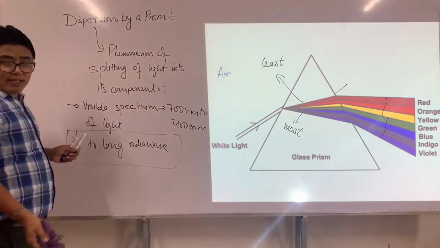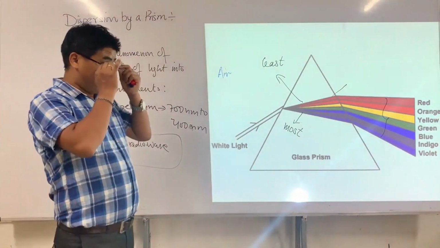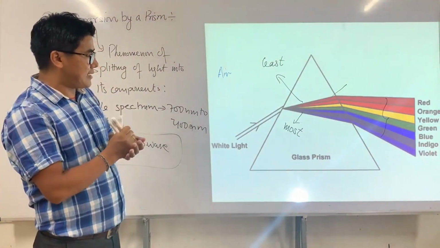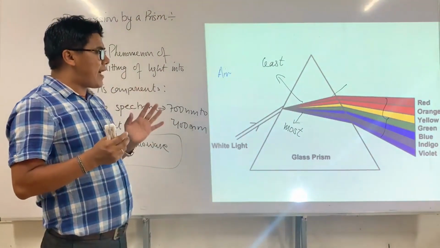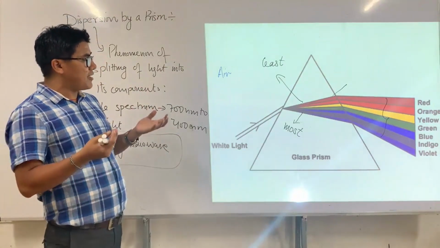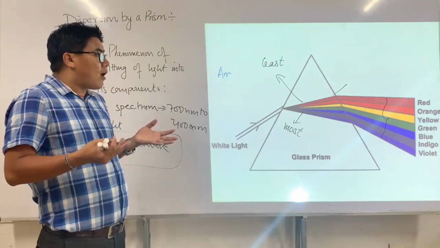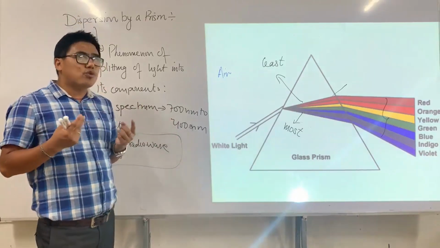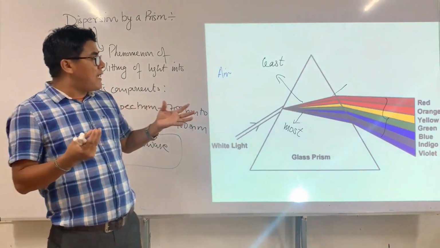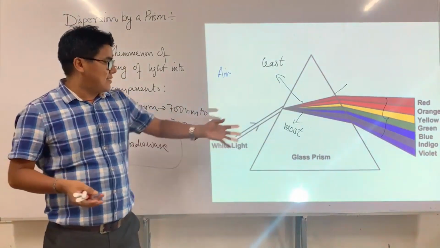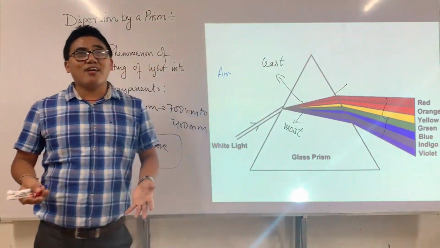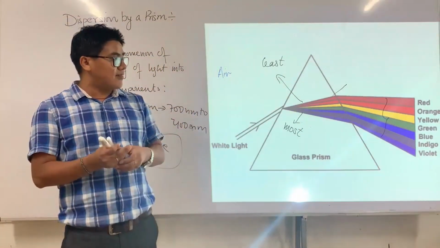Now look at here. When you look at the history, long back, maybe 300, 400 years back, people thought two things, right? They say that maybe a prism creates 7 different colors, a beautiful 7 different colors.